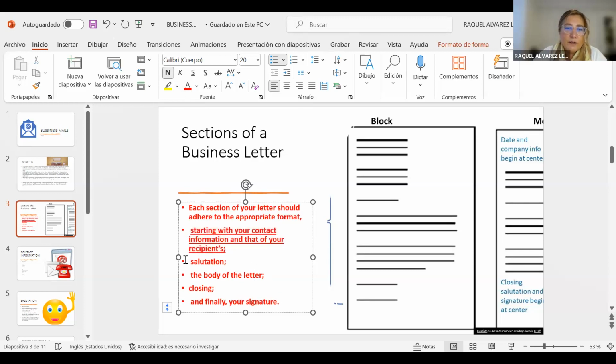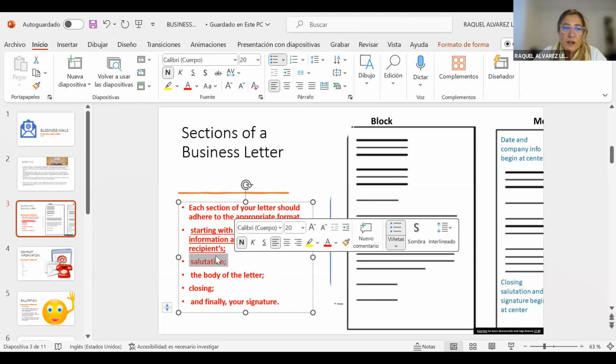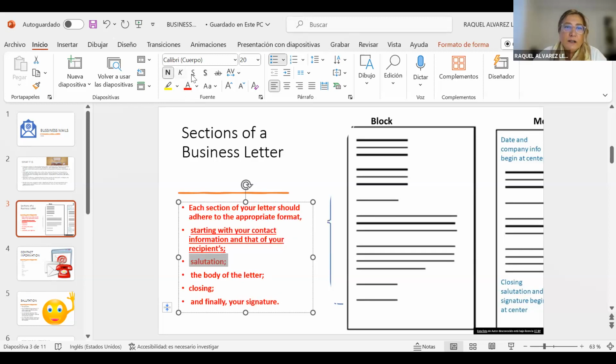Then it's important to write a salutation. Now we are going to see the different ways to make a salutation to the others. Then the body of the letter.